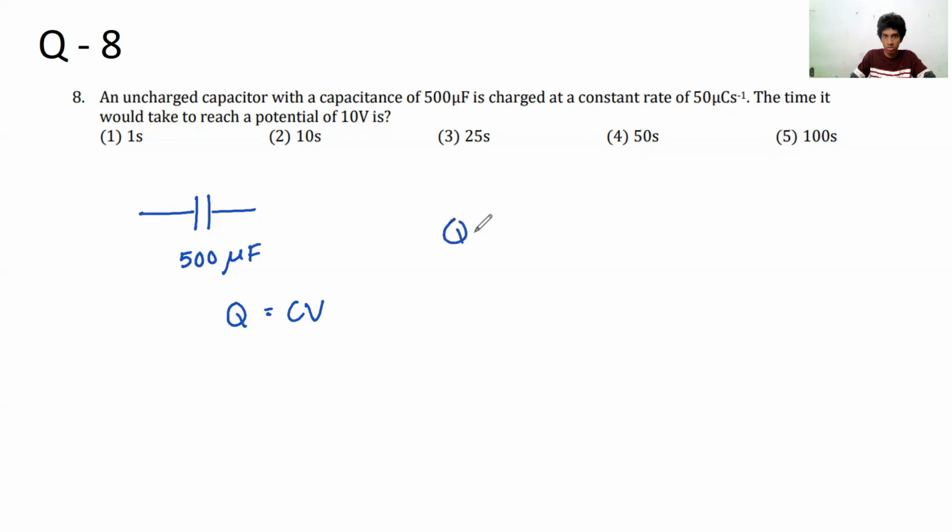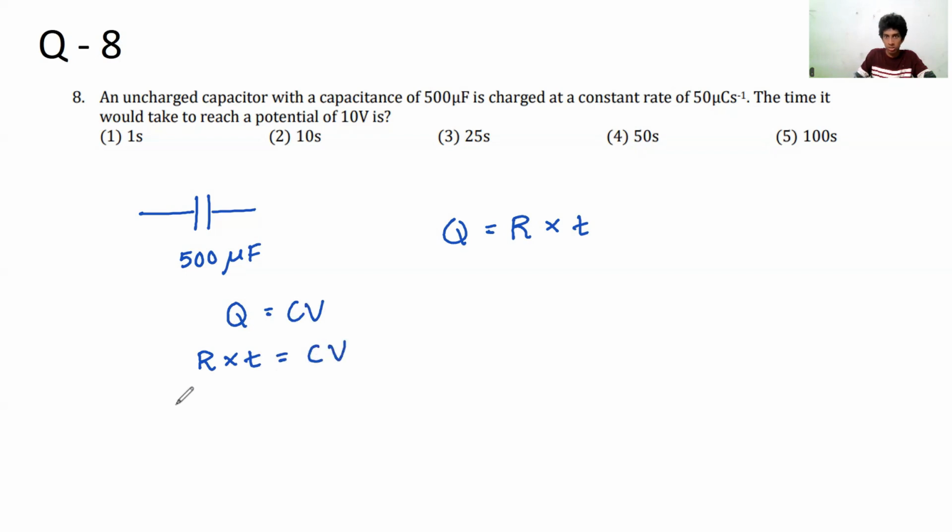So Q equals the rate at which the capacitor is charged into the time taken. So we can substitute Q as R into T, and that will be equal to CV.